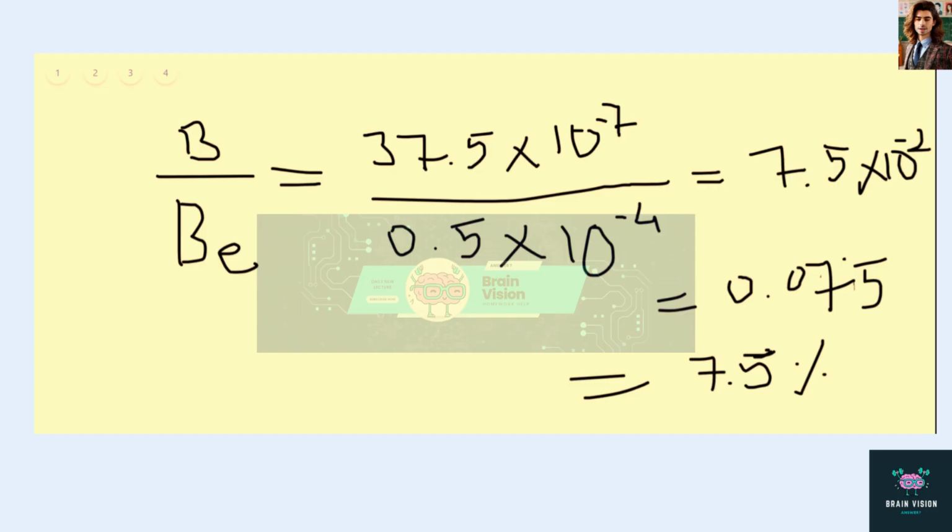So we see that the calculated magnetic field because of the transmission line is only 7.5% of the Earth's magnetic field.